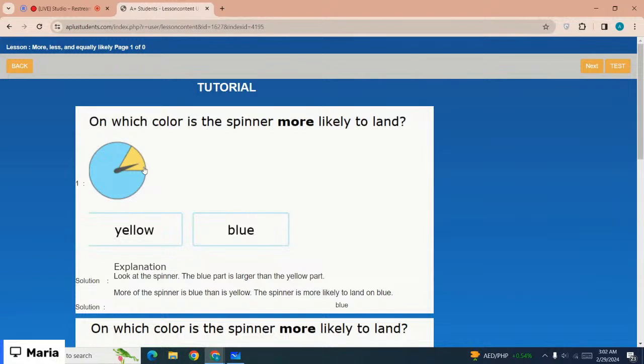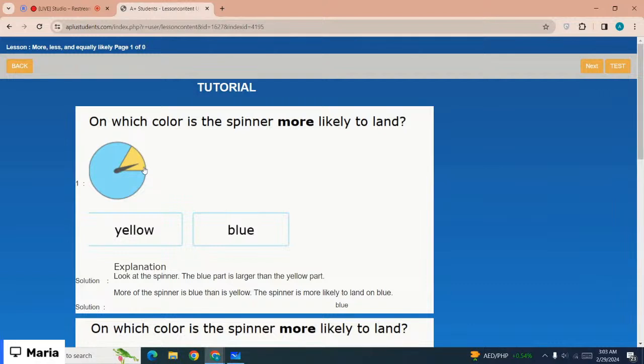The first example is, on which color is the spinner more likely to land? Look at the spinner carefully. The spinner has two colors, yellow and blue. Most of the spinner is blue and a small portion is yellow.